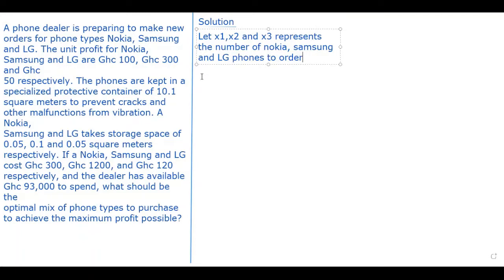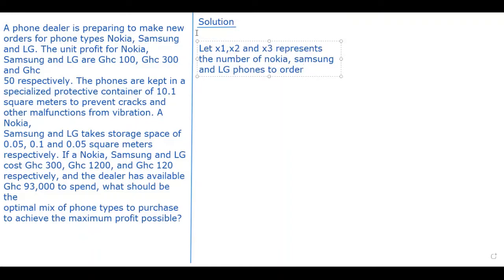All right. So now that we are done defining our decision variables, what will be the next one? So the first one, we just define decision variables. So what will be the second one? The second one is the objective function.